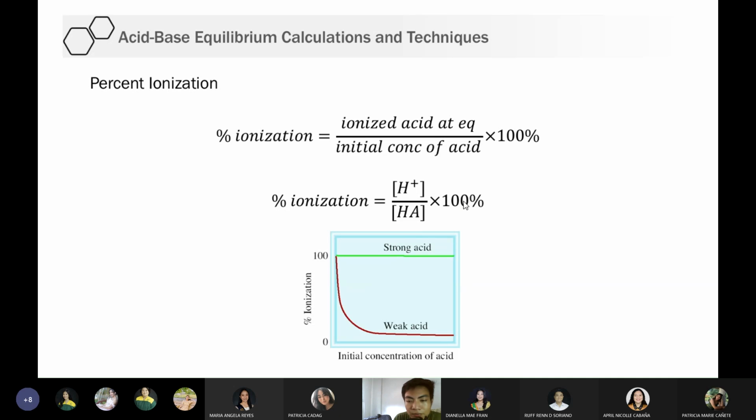So for weak acids, the percent ionization is low, no? Mababa lang yung mga percent ionization nila. One example would be the acetic acid, yung suka, that's just 5%, no, ionized. Ibig sabihin, yung inyong natitikmang asim sa suka, 5% pa lang yon sa kung gaano ka-asim mismo yung acetic acid.